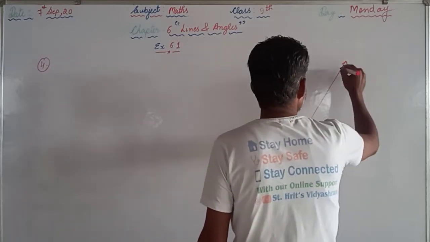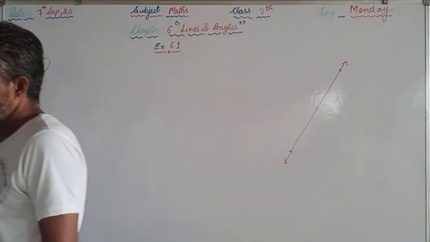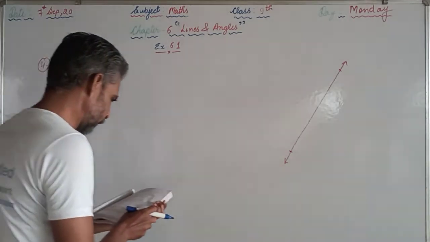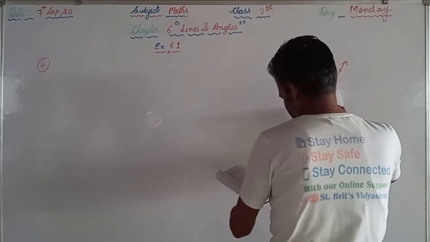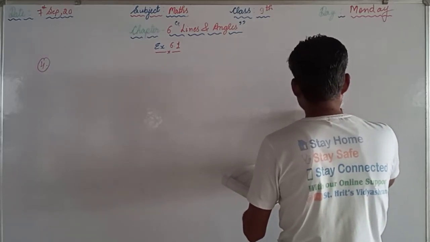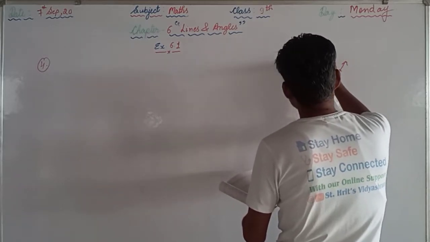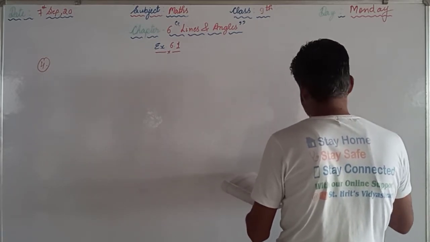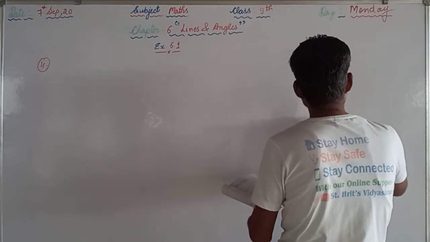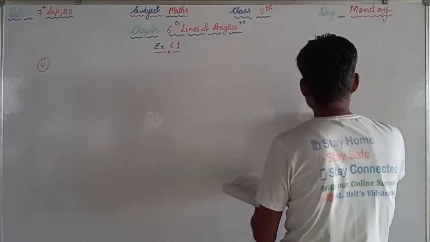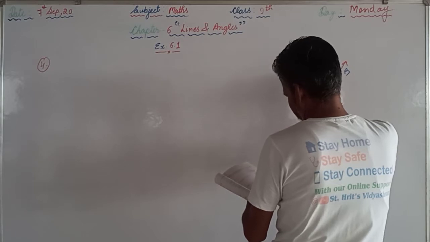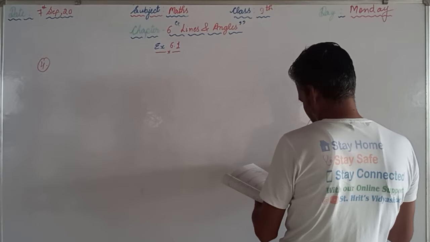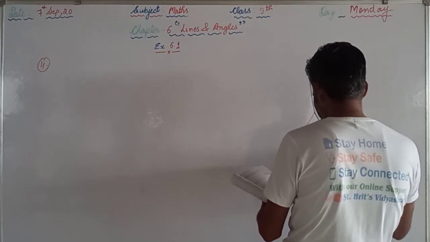This is OAB. So from here A, B, O, here point C is there, here point D is there.